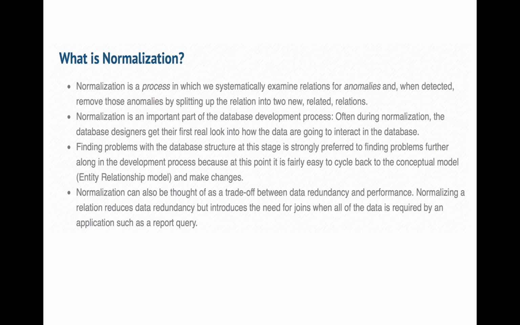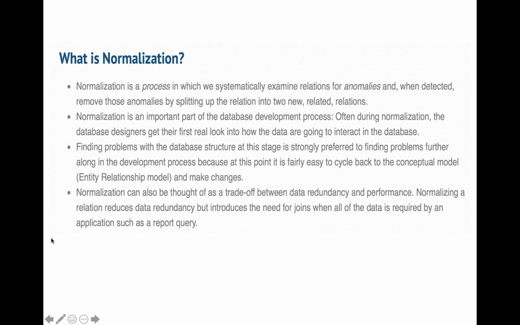That's why normalization is done at the design phase, because at this point it's easy to go back to the ER diagram and fix it. So normalization will push you into maybe splitting your relations further in order to ensure the correctness of the data in the database.